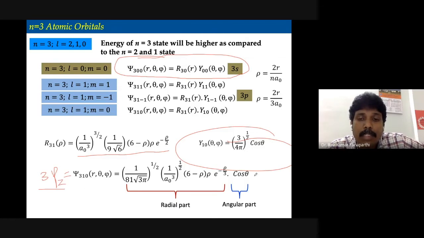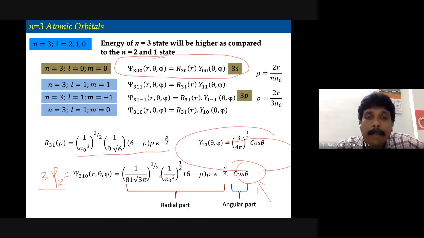Now suppose it is 3 1 1, the spherical harmonic will just change. And if it is 3 1 minus 1, then again its spherical harmonic is going to change. That's the only part that changes when you talk about L equal to 1.